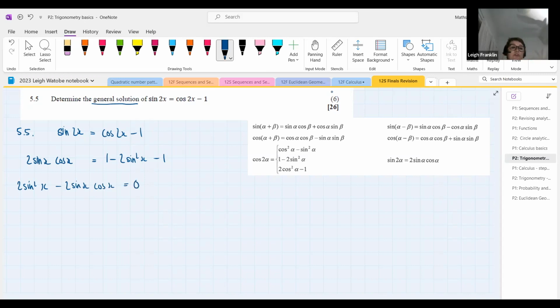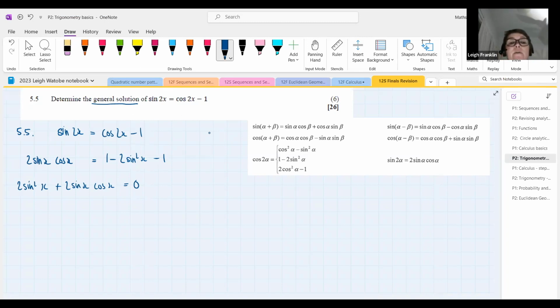Now, what do we want to do? So we've got them all on the same side in order to do what, guys? Take out a factor. Oh, yes, you're quite right. That should be a plus. Who spotted that? Avio, well done.